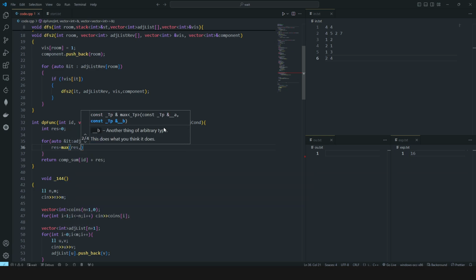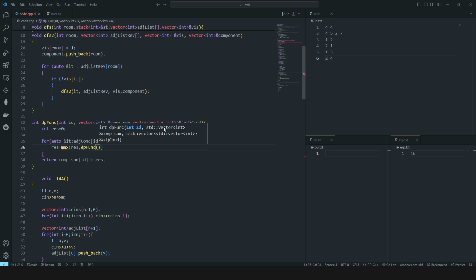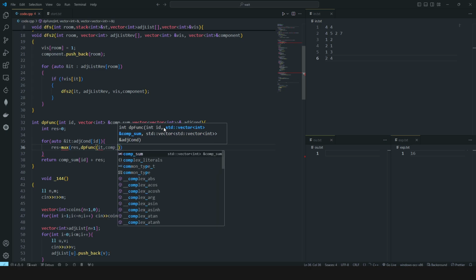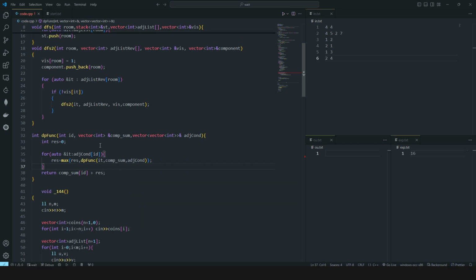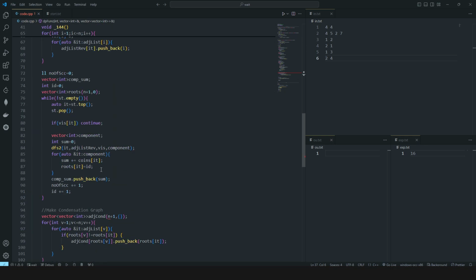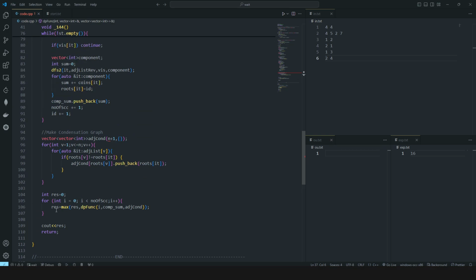So result is equal to the maximum of result, comma, whatever this DP function returns, and in this function I pass this ID, then the component sum as usual, and then the condensed adjacency list. So this function returns the maximum amount of coins that we can get when starting from the ith component, and we will be maximizing this here also and then printing right here.